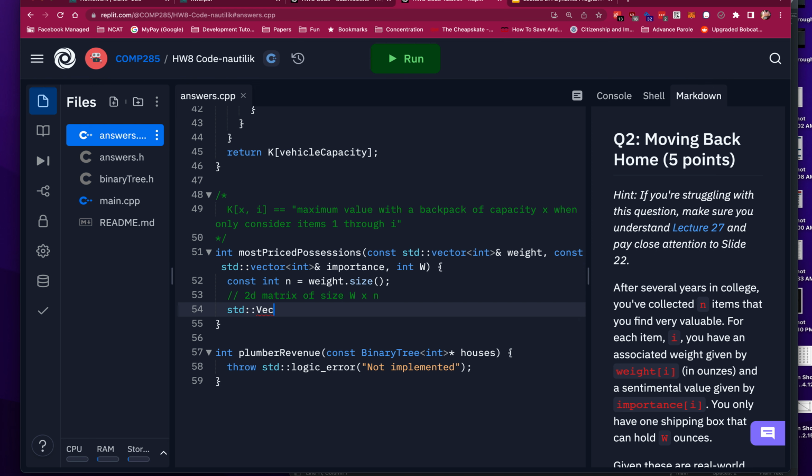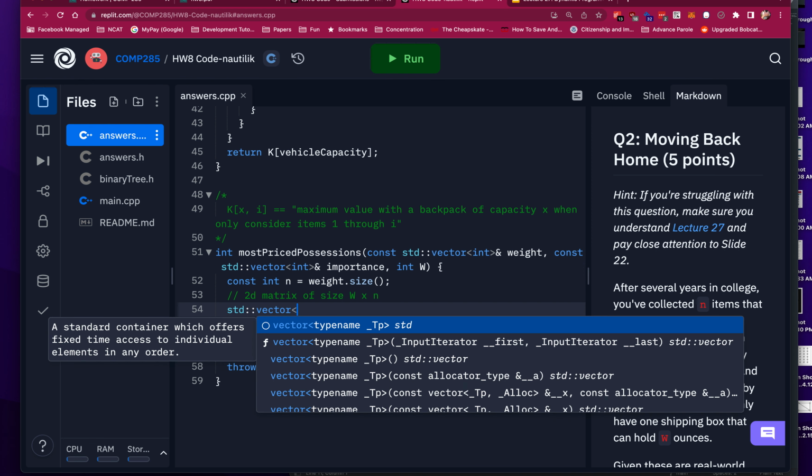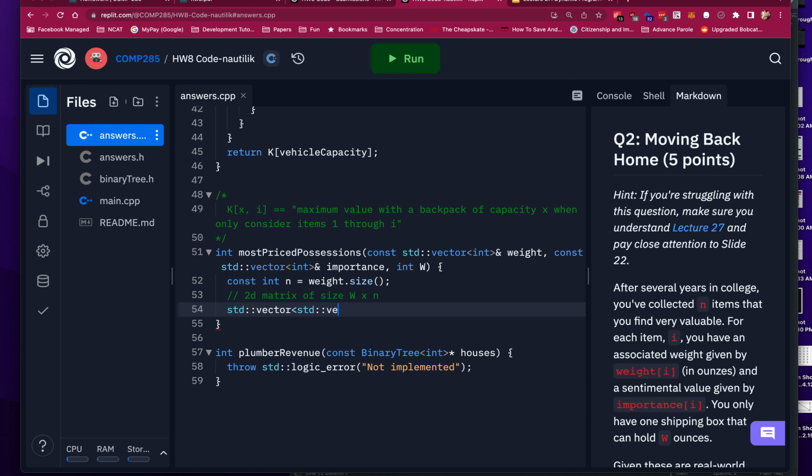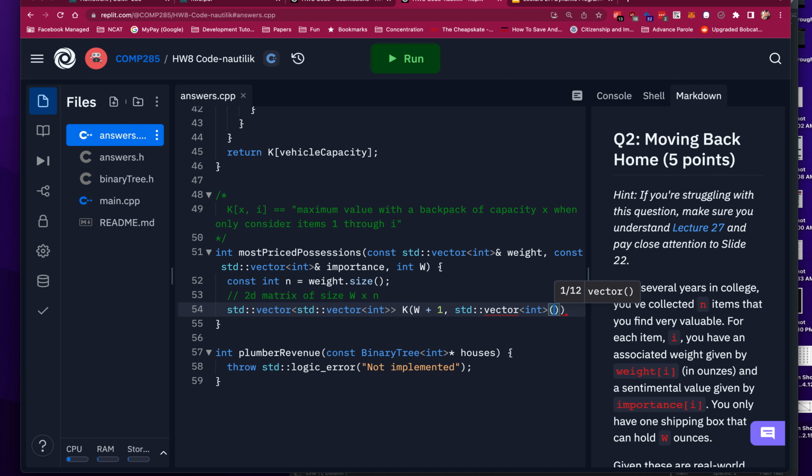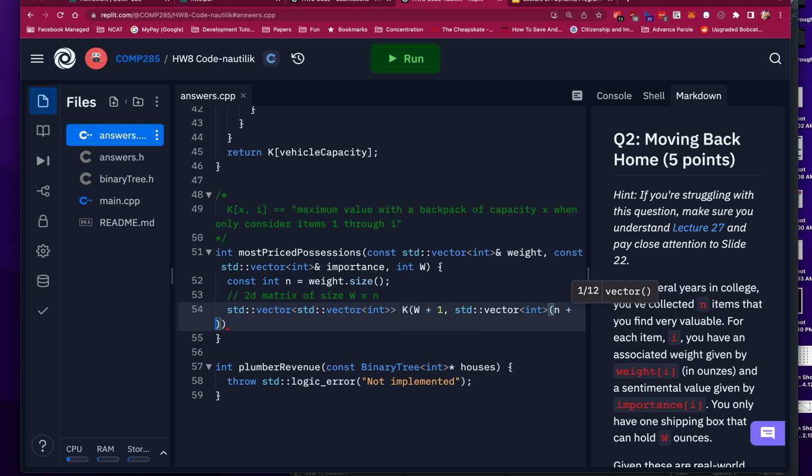So hopefully you remember from the first problem that you can pretty easily create a vector of vectors in one line of code. Let's call it K. And then this one is going to be W plus 1 by n, and then each row is itself going to be a vector of size n plus 1 that has all zeros in it.